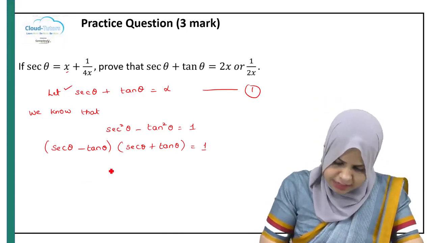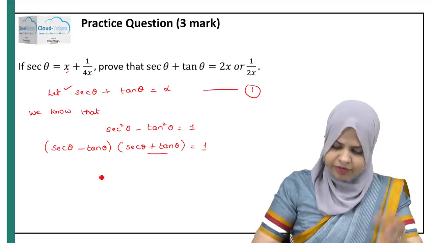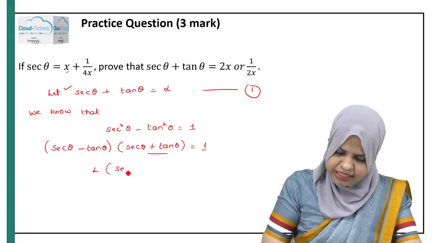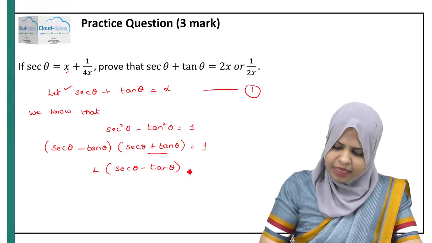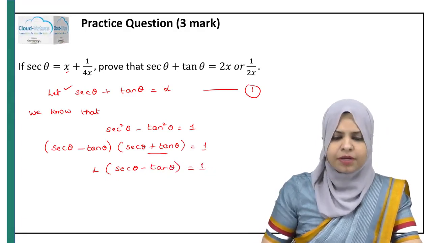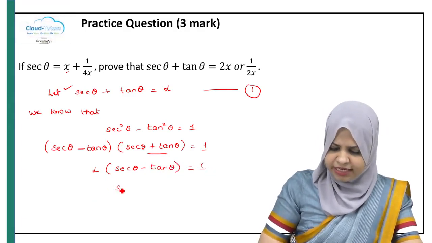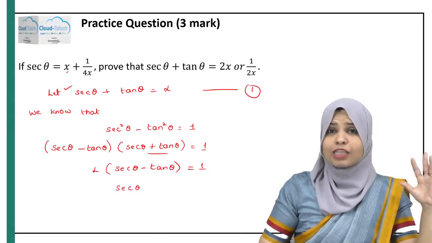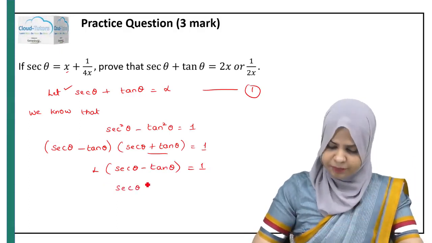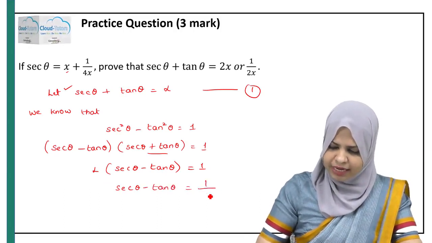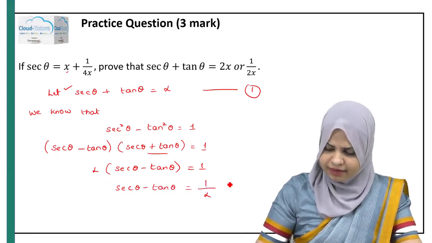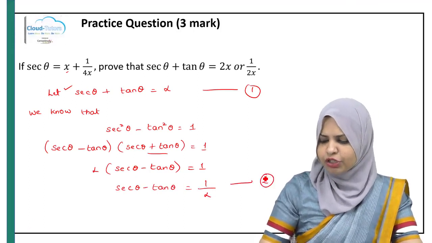Alpha. Now let's substitute the value of this as alpha. So alpha into secant theta minus tan theta equal to 1. Now secant theta minus tan theta is what? Transposing alpha to the other side, what happens? Secant theta minus tan theta would be equal to 1 by alpha. And I will call this equation 2.